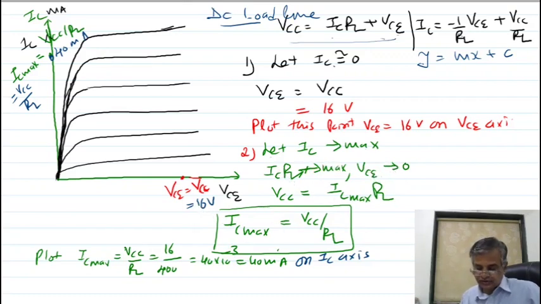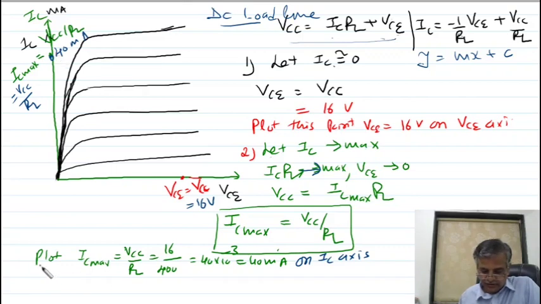So VCC is equal to IC maximum into RL, which means IC maximum is VCC by RL. This point you put on the IC axis.